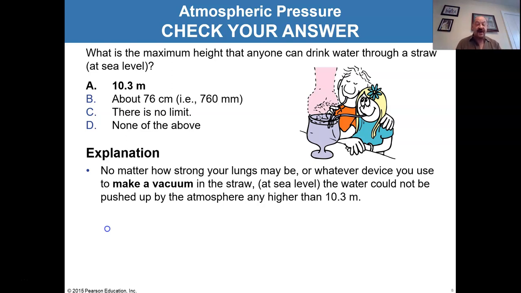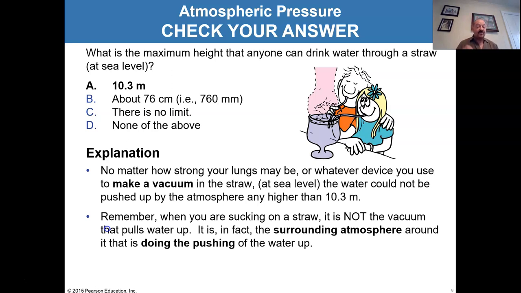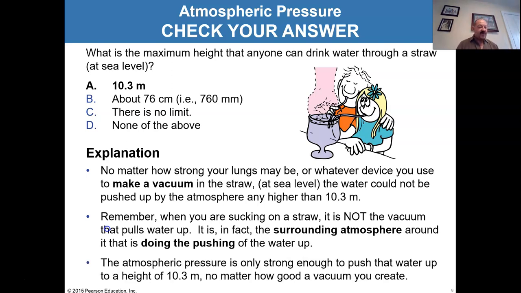So remember, when you're sucking, it's not the vacuum that's pulling the water up, it's the surrounding air pushing the water down and then up into the straw or whatever piping you're using. The atmospheric pressure is only strong enough to push water up to a height of 10.3 meters, no matter how good your vacuum is. Doesn't matter.